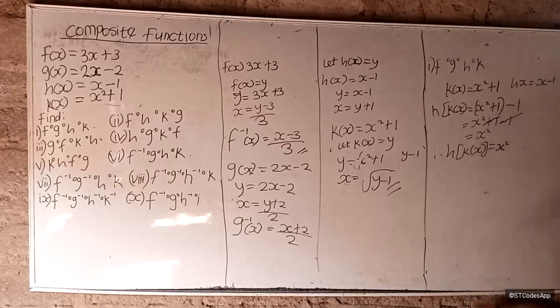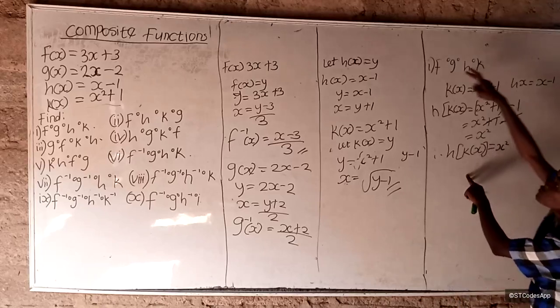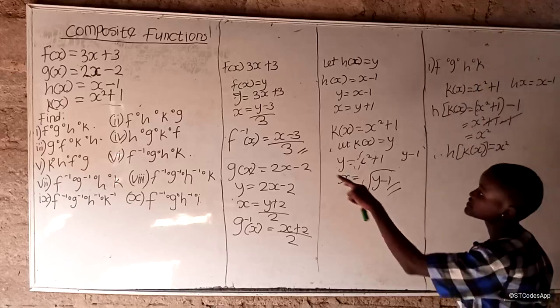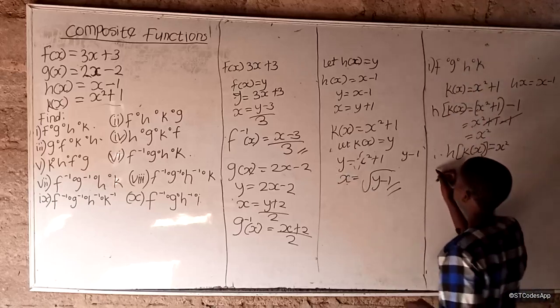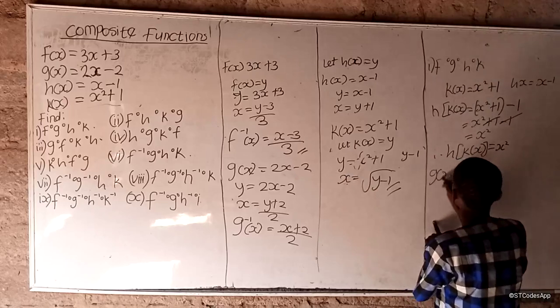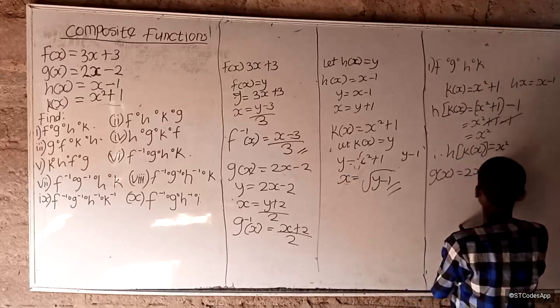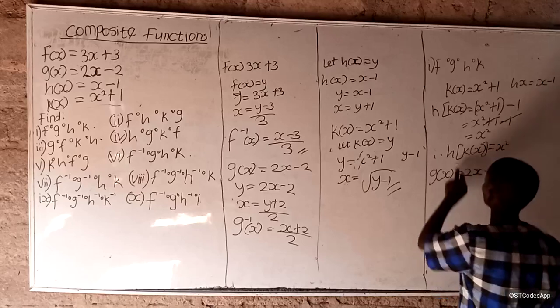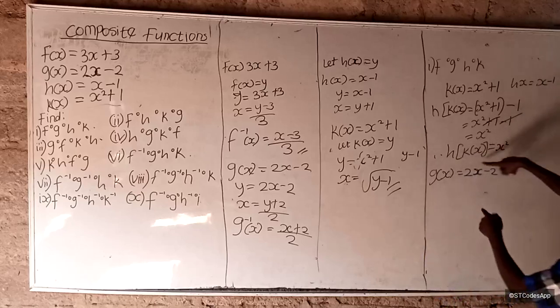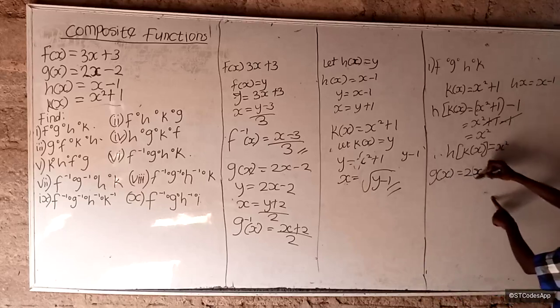So we're also going to plug in the answer of this h of k of x into g. And recall, our g of x is 2x minus 2. So we are going to plug in this value into x.